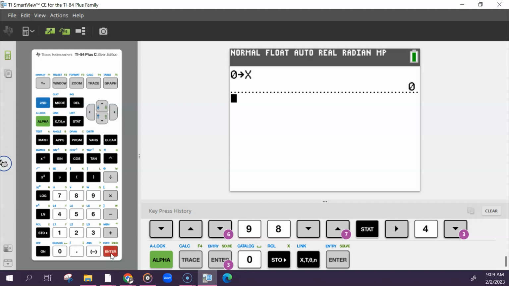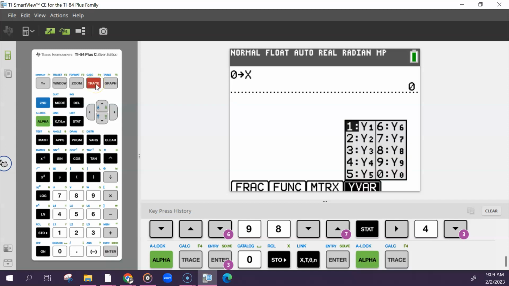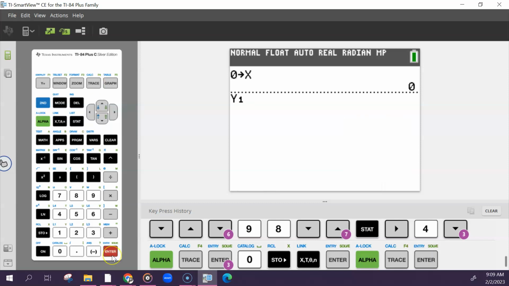And then we're going to go back and grab our equation that we stored from alpha trace. So hit alpha, hit trace. Wherever you stored your equation, grab it, hit enter, and then enter again. And you should get this number. Did anyone not get that number?